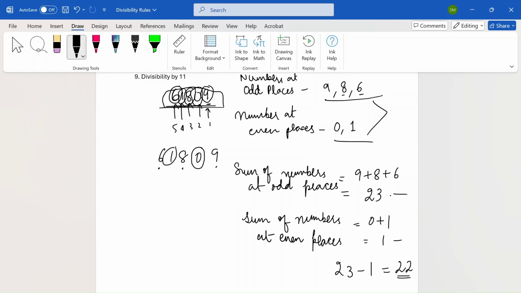So, what is the difference between the two? It is 22. So, we have to check, is this number divisible by 11? Yes, 22 is divisible by 11. So, as this number is divisible by 11, the entire number 61809 is also divisible by 11.